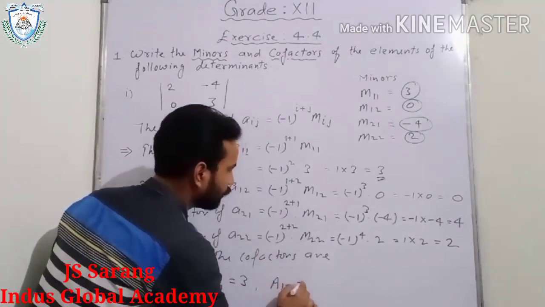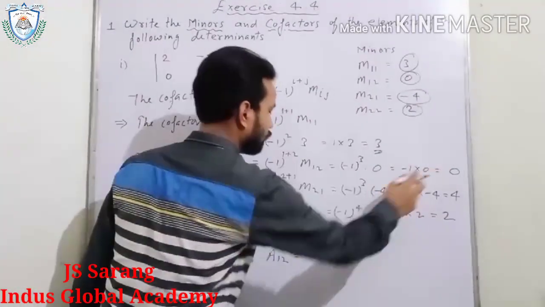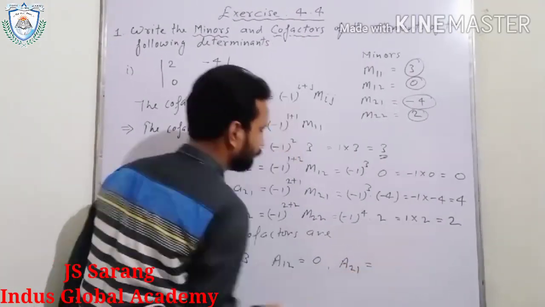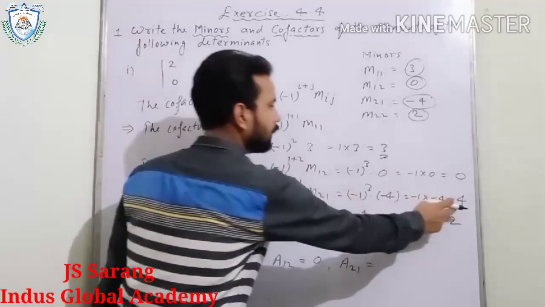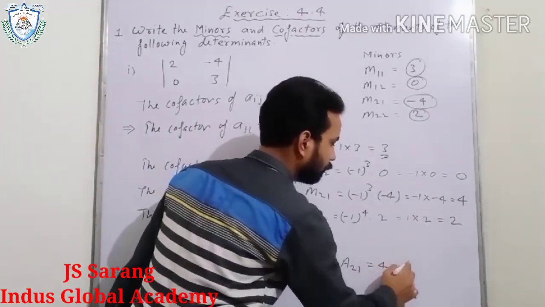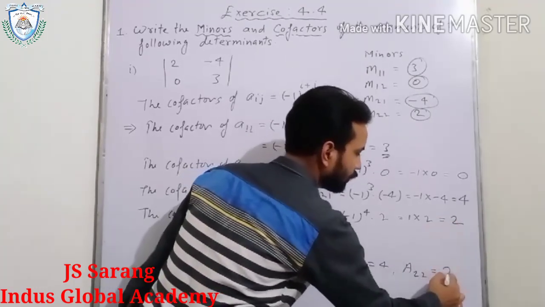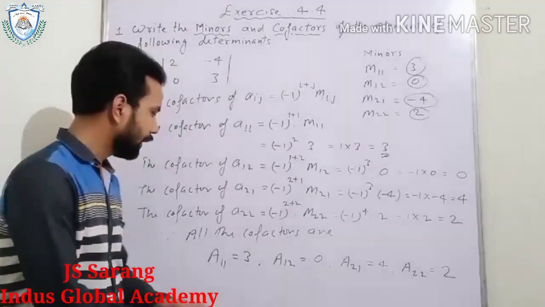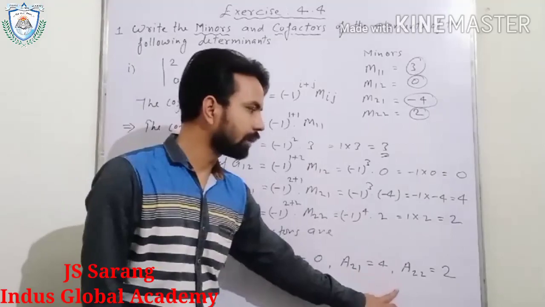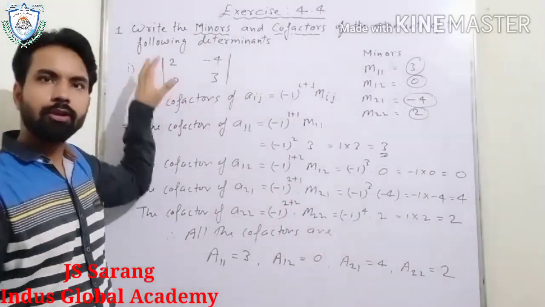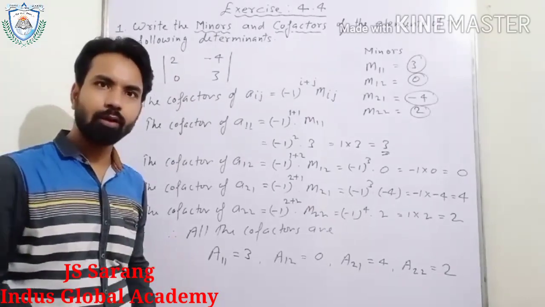A12 will be 0. Third, capital A21, answer is 4. And the fourth cofactor is capital A22. That is 2. Clear? So here these are the cofactors of all the elements of this given determinant. Hope it is clear to everyone.